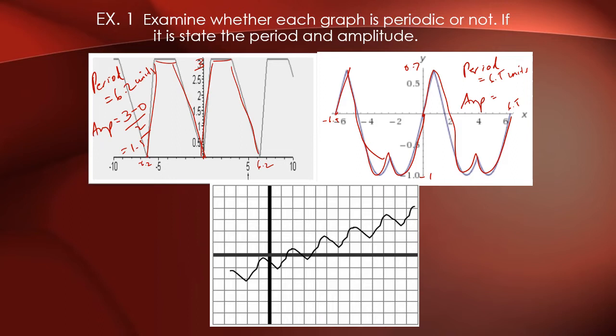My amplitude is max minus min divided by 2. So my max is 0.7. My min is -1. All divided by 2. I'm going to erase that 6.5 just so it doesn't confuse anybody looking at this later.